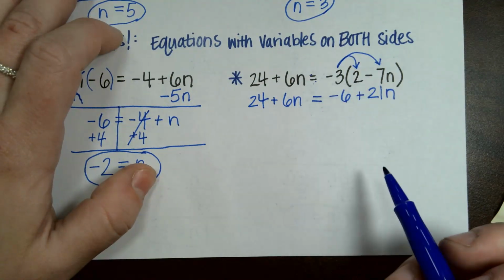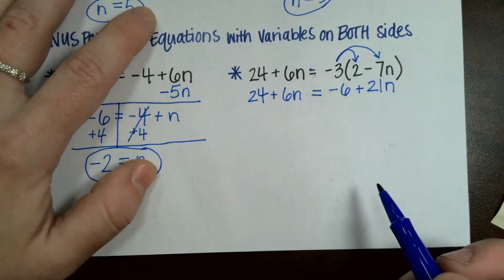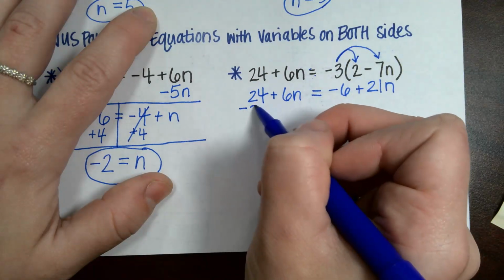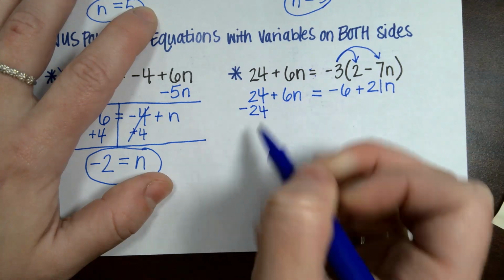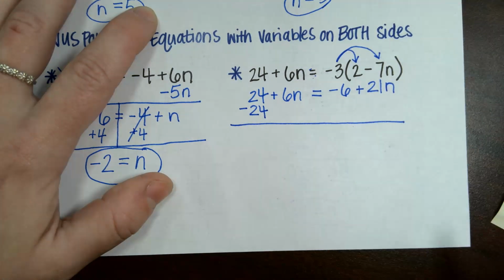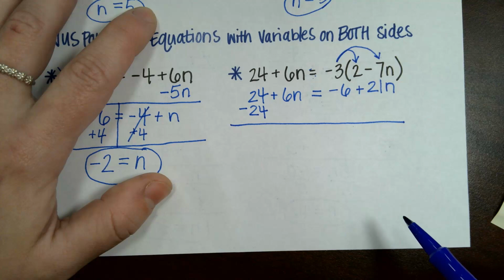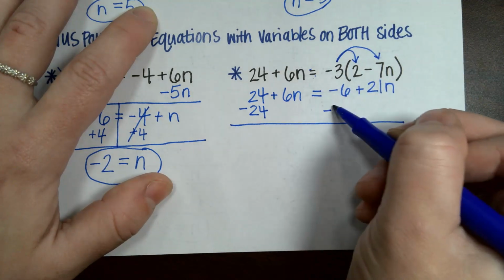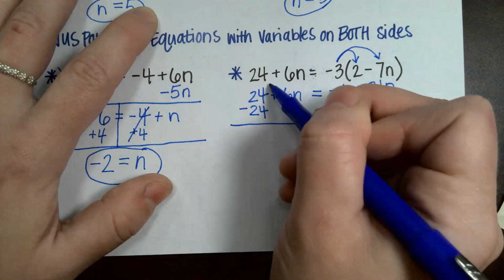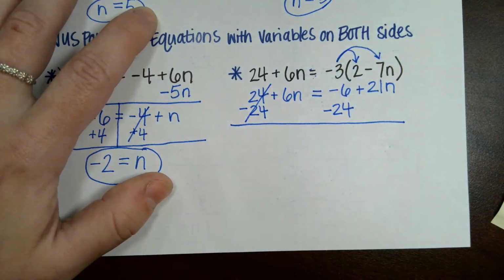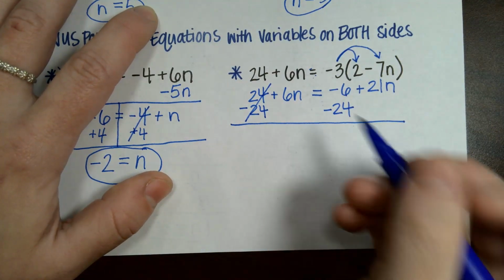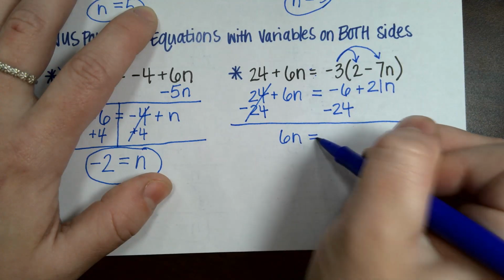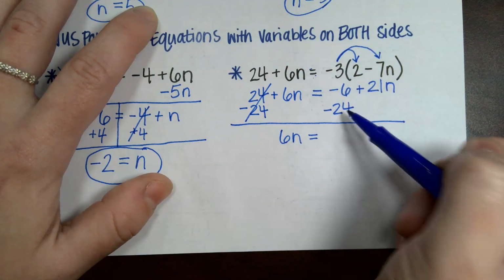So you said subtract 24? Yeah, we could do that. Let's subtract 24. Minus 24. And where else am I subtracting 24? Under my -6. Good, that's my like term. Okay, so my 24s cancel. And I'm left over here with 6n equals -6 minus 24.